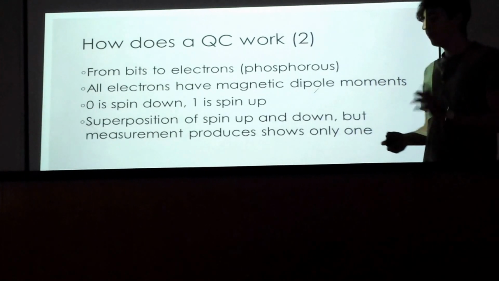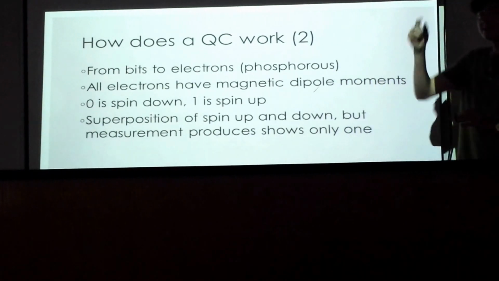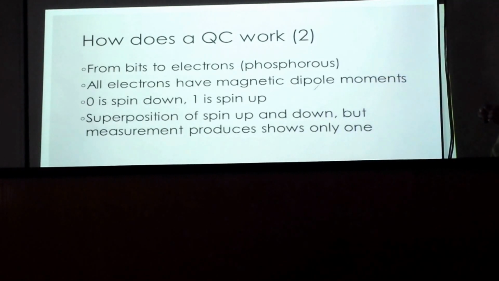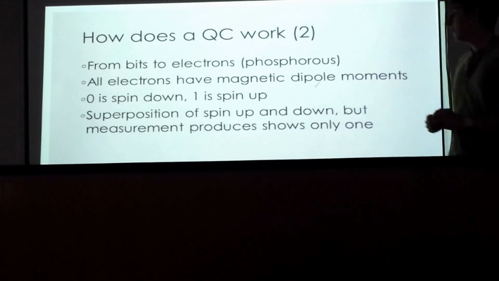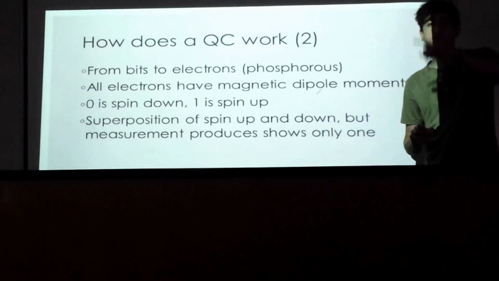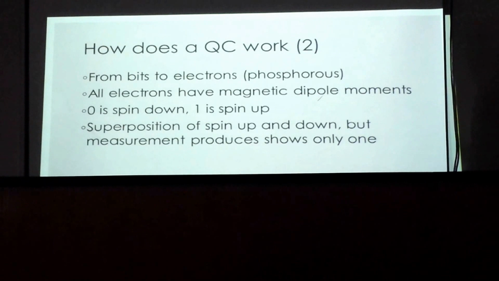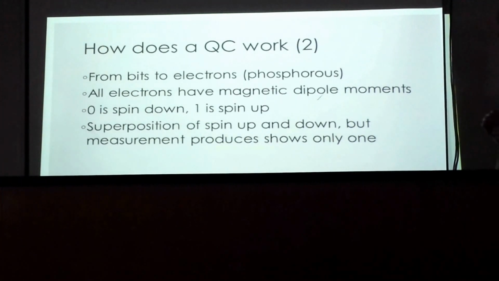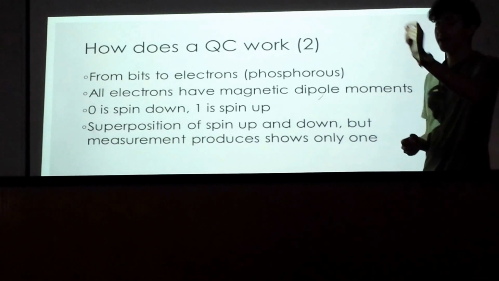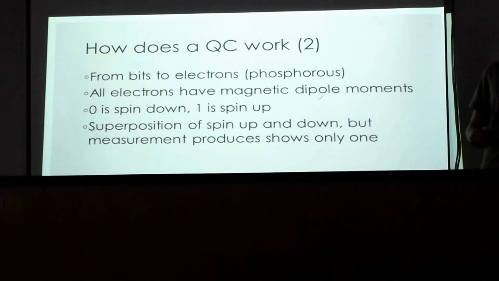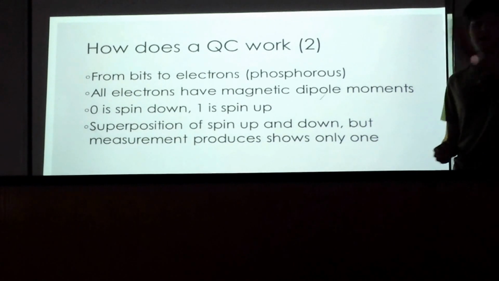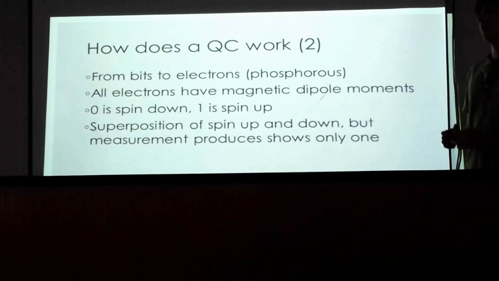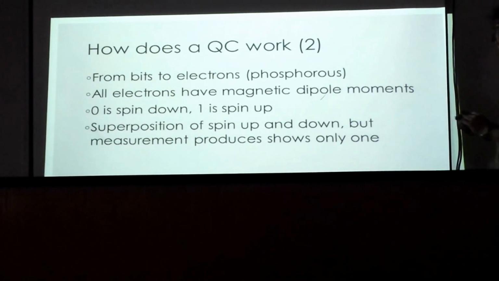Inside those silicon atoms is 1 phosphorus atom. Phosphorus, on its outermost electron shell, has 1 less valence electron than silicon. So the electrons can move back and forth between the phosphorus and the silicon, like they could flow. The electrons, not the atoms, sorry.